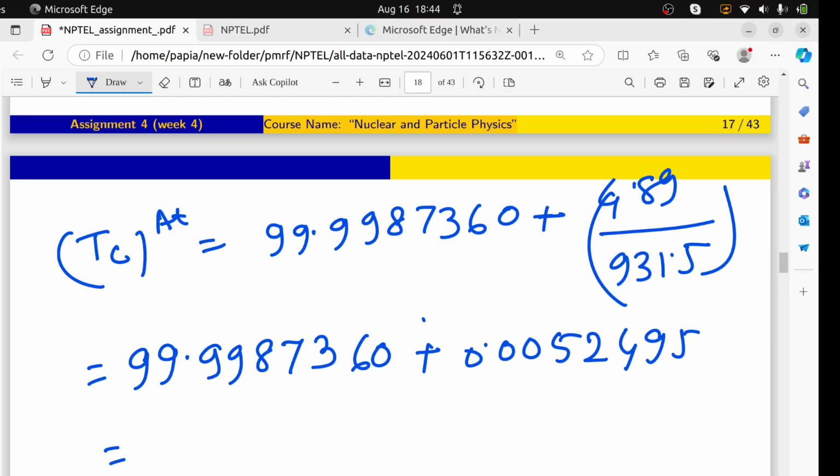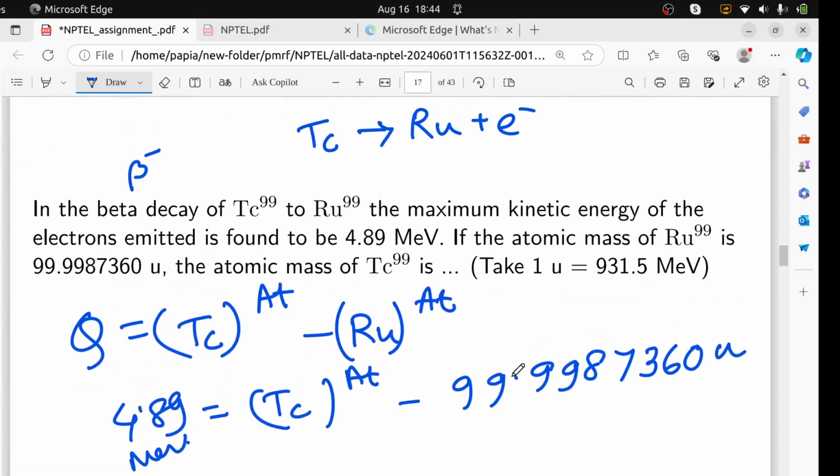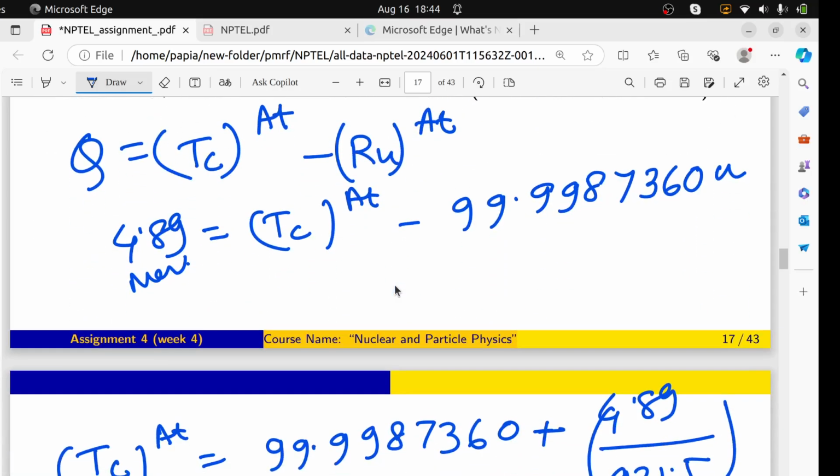Plus 99.998736, so it will be 100.0039856 U. So the atomic mass of Tc is 100.0039856 U. Okay, so this is the atomic mass for Tc-99.